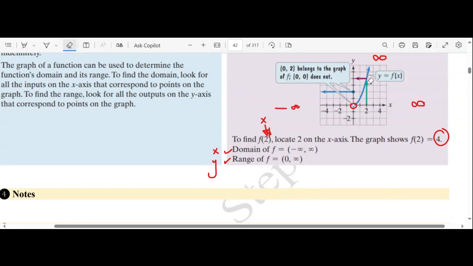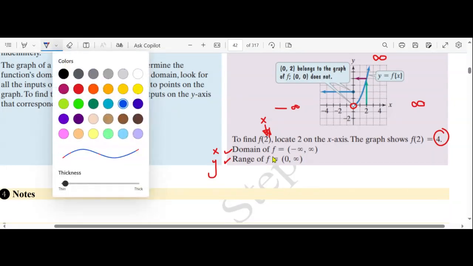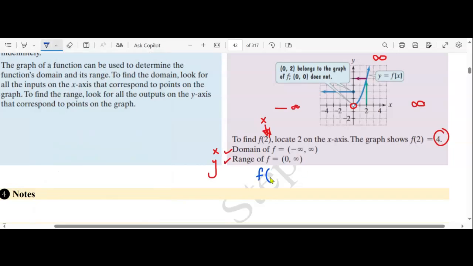Can I ask one of you to tell me the answer? Okay. How much is f of 0? 0, correct. How much is f of negative 2? 2, very good.